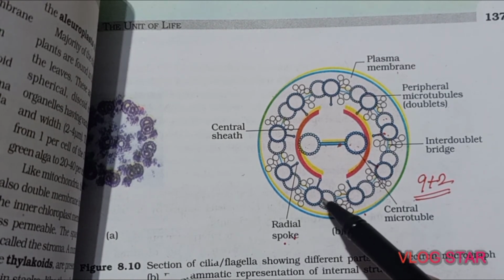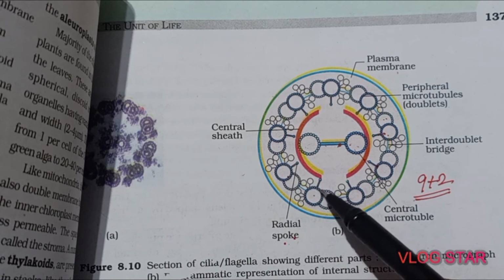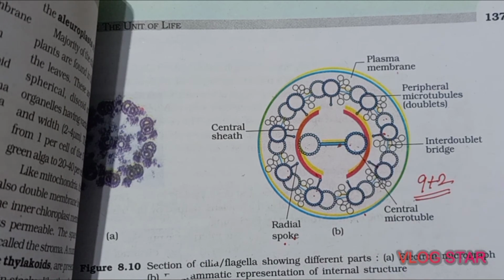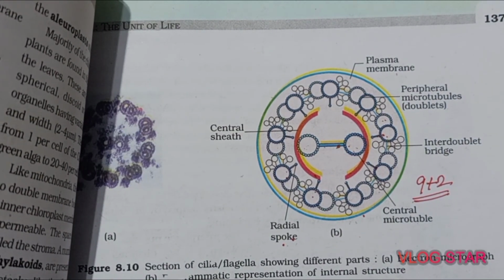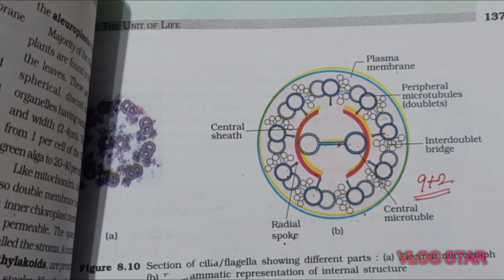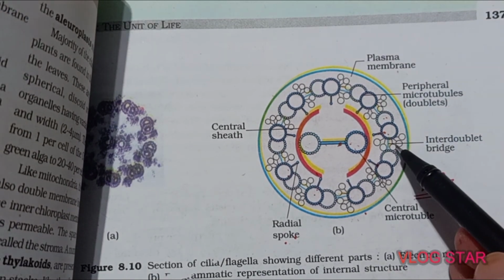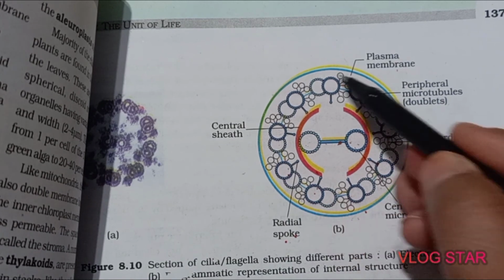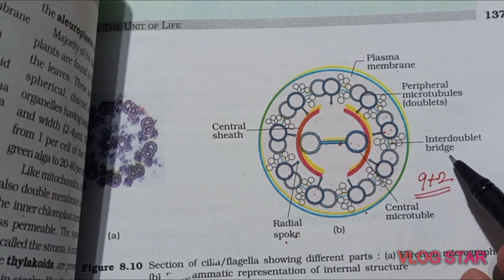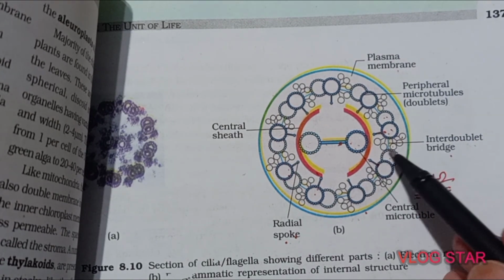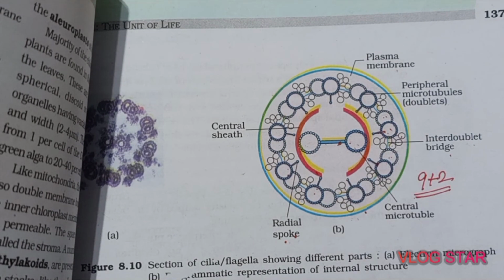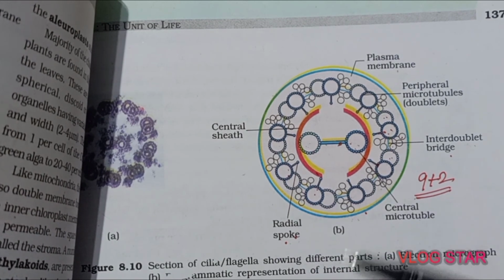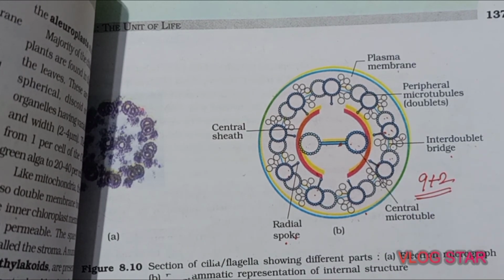So, all these microtubules are connected to the central sheath with radial spokes. Fine. Thus, there are 9 radial spokes, and the peripheral doublets are also interconnected by linkers. You can see these are the linkers. These are also interconnected through these interdoublet bridges. So, you can see that the whole structure is interconnected, which means it will function as a whole. That is why it is helpful in movement of the cell.